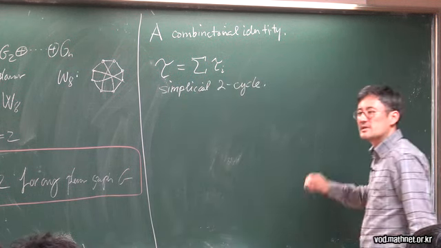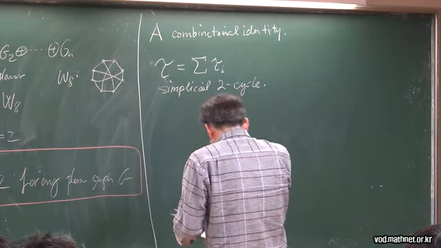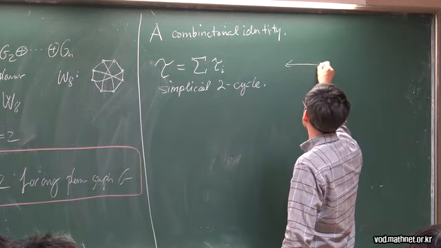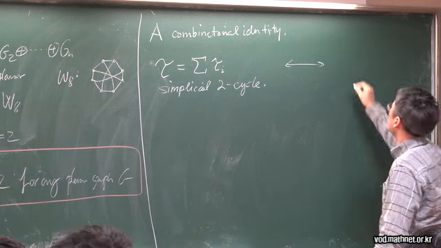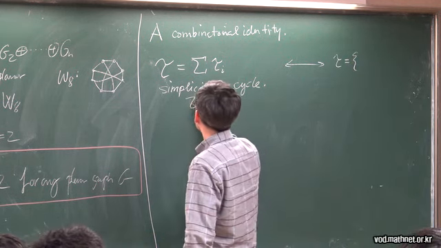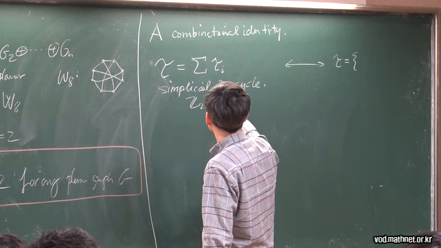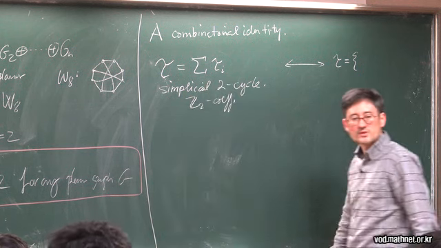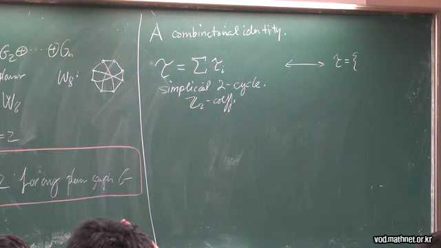And I'm going to say what this means afterwards. Maybe I'll say it now. By the way, my homology is with Z2 coefficients. That's what makes it combinatorial.